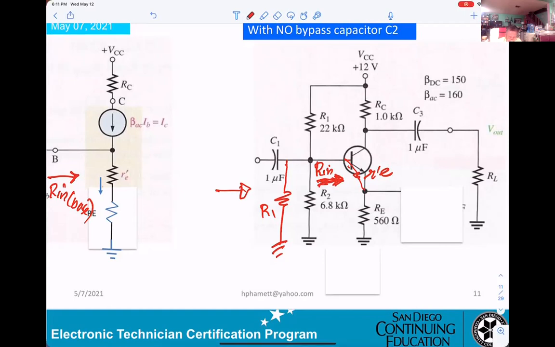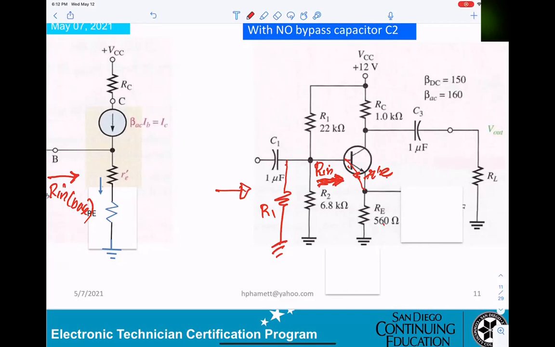If you're looking into the base, how many resistance can you see? Mr. Smith told me you see R prime E, okay, R big E, okay. However, it's not complete yet. Who else? Is there like a beta or something involved with that?